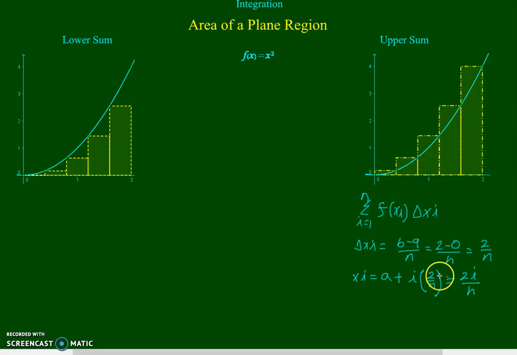Now we can substitute these values into our expression. We have the sum for i equals 1 to n of f of x sub i.